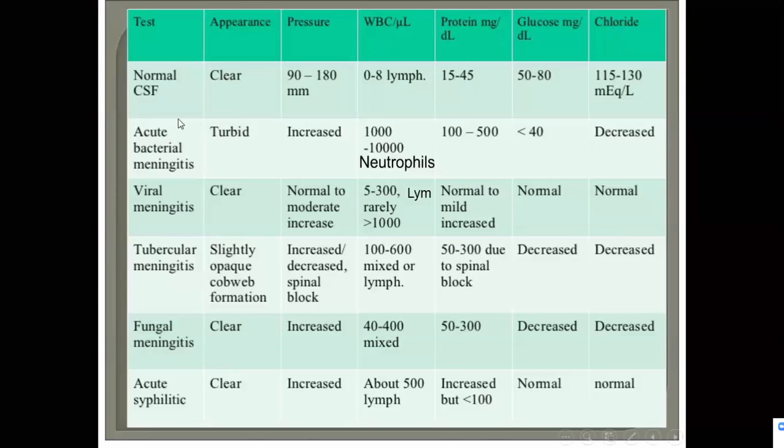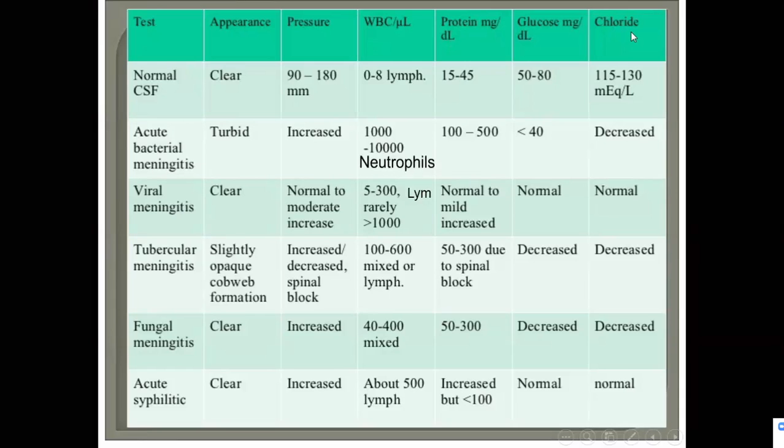This is the general CSF examination. We are going to talk about the appearance of the CSF, the intracranial pressure, the white blood cell count, protein in milligram per deciliter, glucose in milligram per deciliter, and the chloride content.